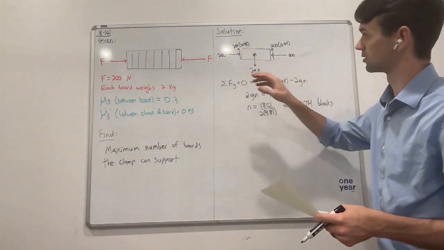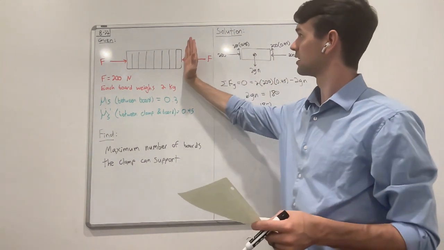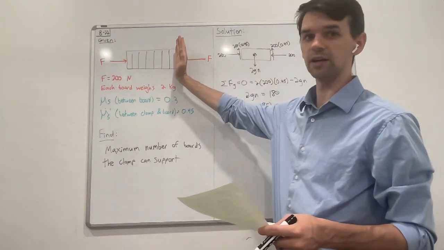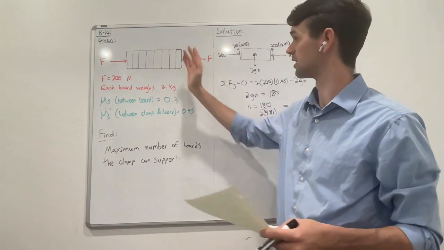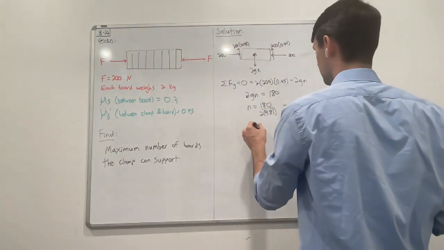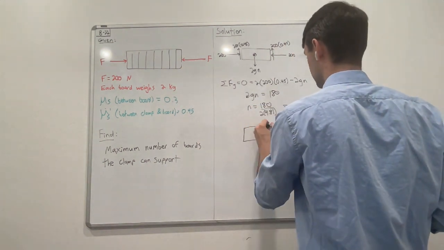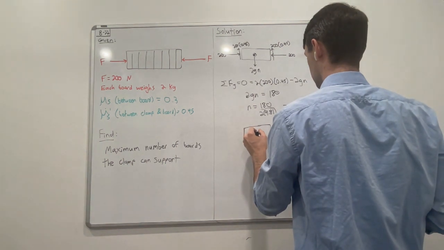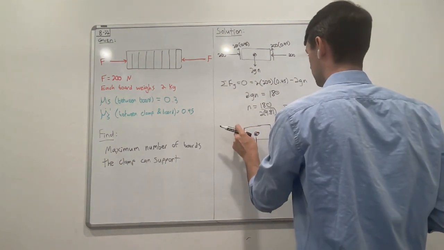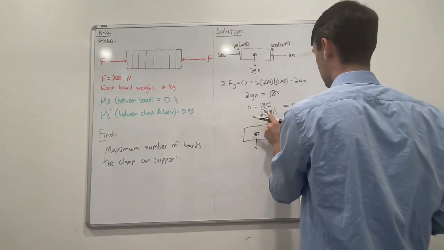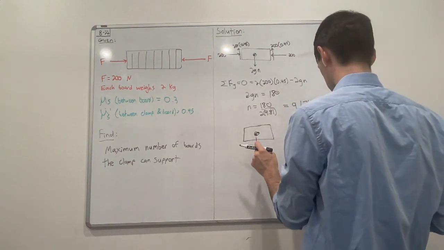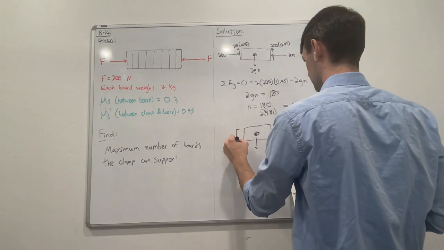Now let's look at the other case, where it slips not at the clamp, but at the contact between the first block and the next block. The free body diagram will look very similar, but instead of 2gn, the mass of the outside blocks is no longer under consideration.